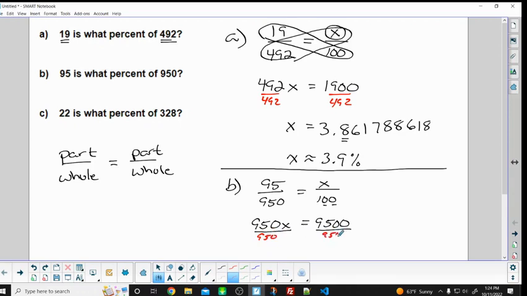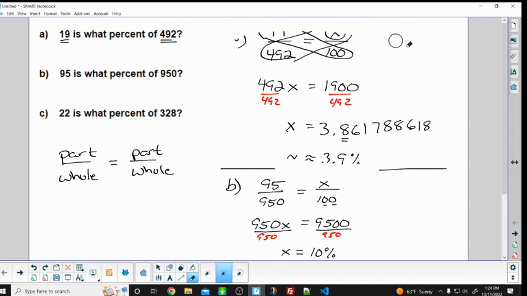Divide by 950, and I have an x of 9,500 divided by 950. And that's equal to 10. And so that was a nice one. Didn't have to round that at all. So that's 10%.